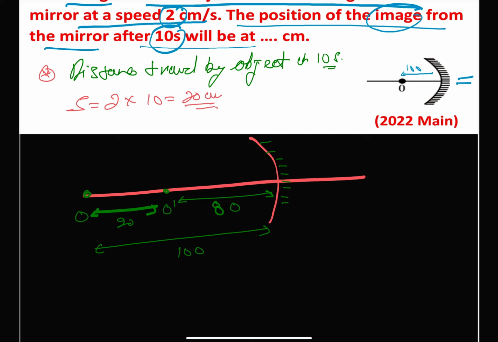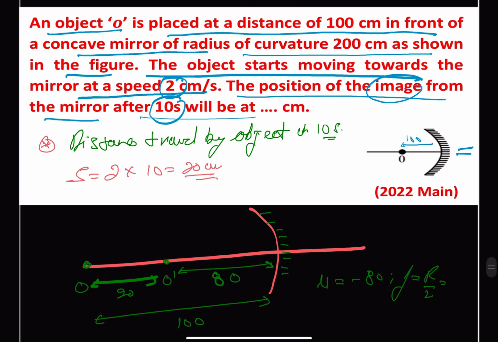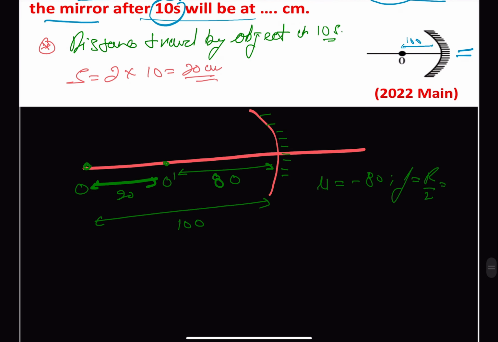Okay, so now our u will be equal to minus 80, and our focal length will be equal to half of the radius of curvature. The radius of curvature is given as 200 centimeters. So this will be 200 divided by 2, coming as 100 centimeters, and this will be minus.